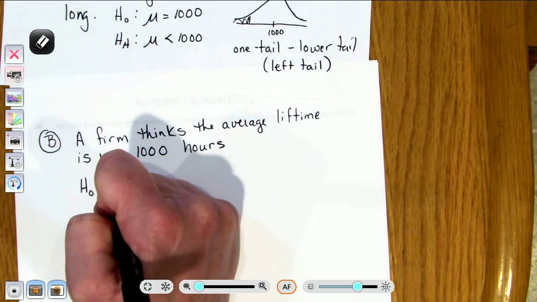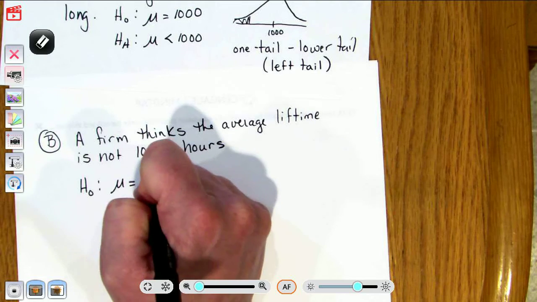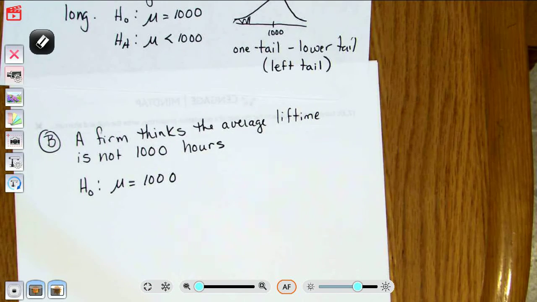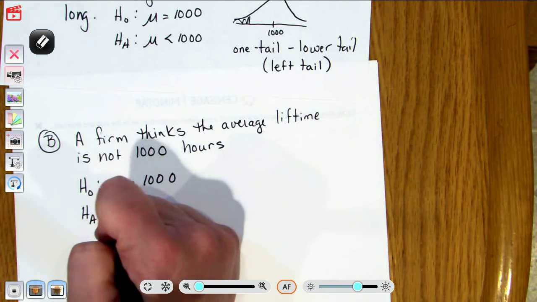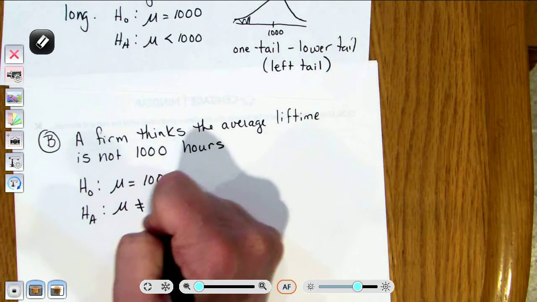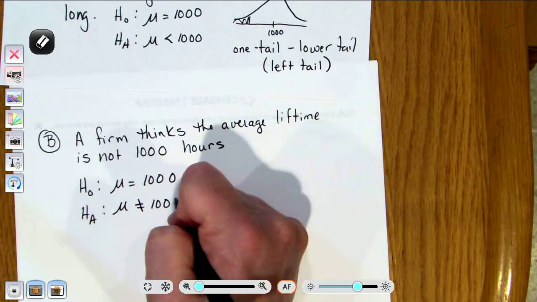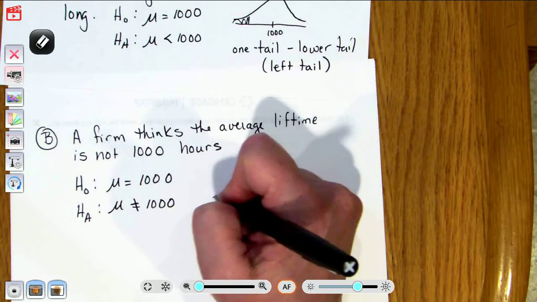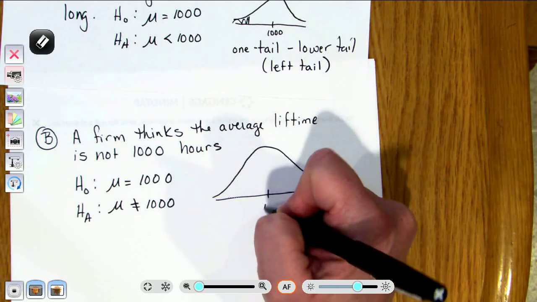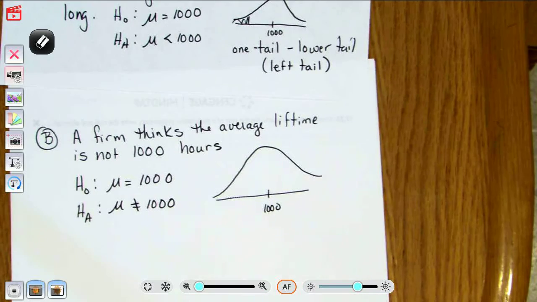So in this case, our mean is still going to start with what we kind of believe, or what is the general knowledge to start with. Our alternative would be not that, so we'll do that 1,000. And where we'll be going with these, here's our 1,000 sitting in the middle because we base and draw our pictures based on what we have in the past.